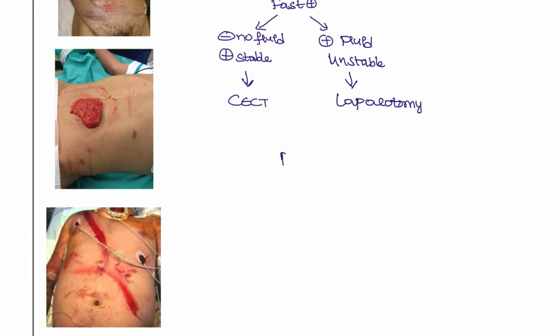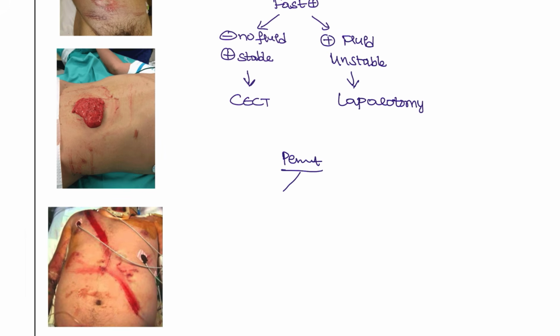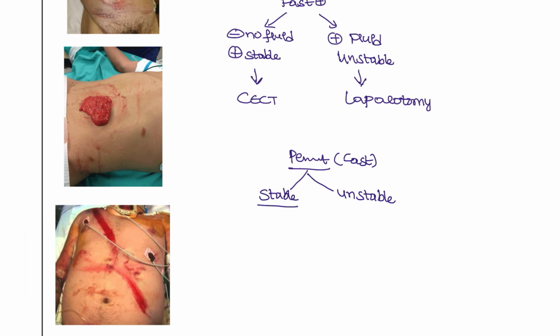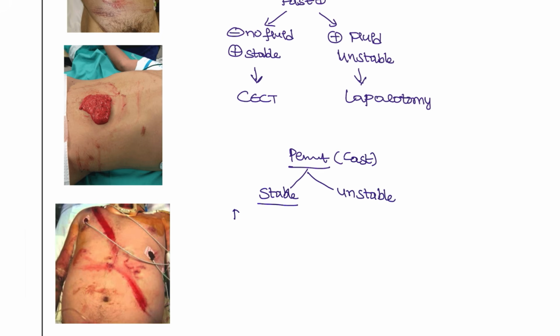Okay, next, penetrating trauma. If the patient presents with a penetrating trauma, first again do the FAST to see how much damage has been done by that penetrating object, and look at whether the patient is stable or unstable. If the patient is stable, do not remove the object, whether it is a knife or anything.